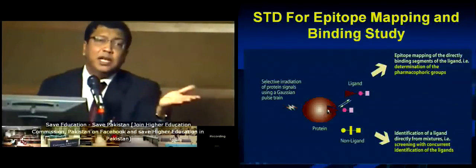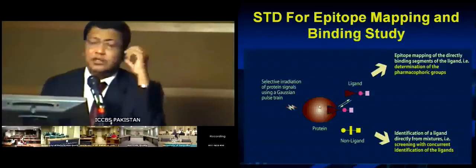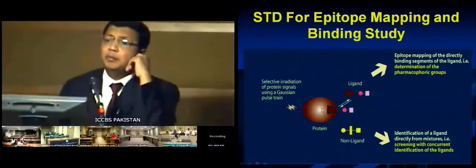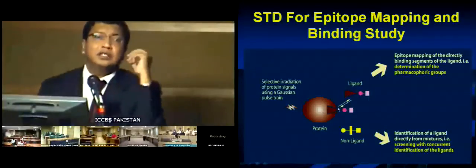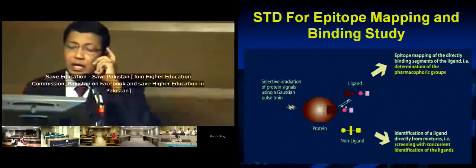When they are close in space, less than 6 angstrom, they will receive energy from the protein by a process called cross-relaxation, nuclear Overhauser effect, whatever you want to name it.